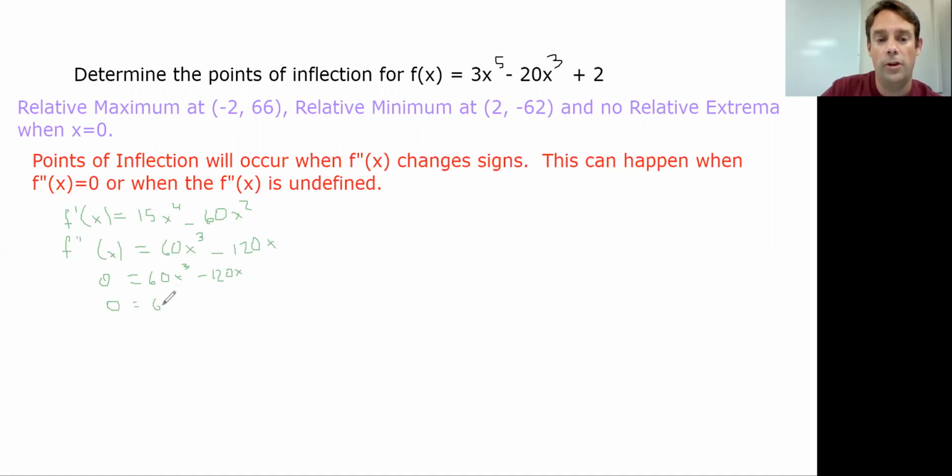All right, so we're going to go ahead and factor here. x squared minus 2. So that means I'm going to have 60x. I have x minus root 2 and x plus root 2.